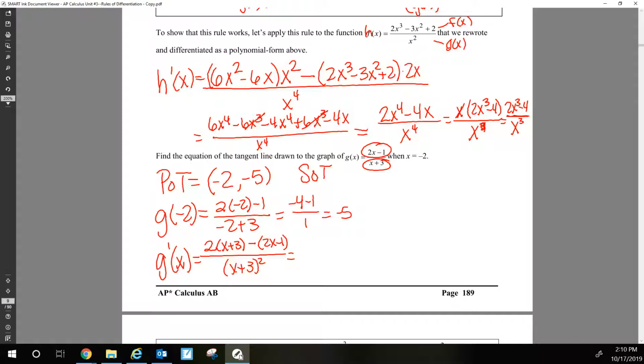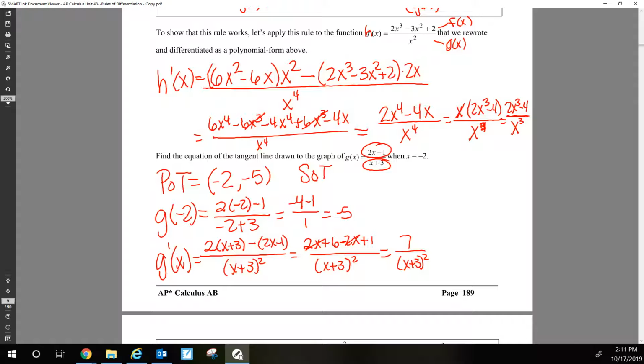If I want to, I can go ahead and plug in negative 2 here, or I can simplify. I'm going to simplify it a little further. So this is going to be 2x, 2 times 3 is 6, minus 2x, minus a minus 1 would be plus 1, over x plus 3 squared. The 2x's cancel, I get 7 over x plus 3 squared.